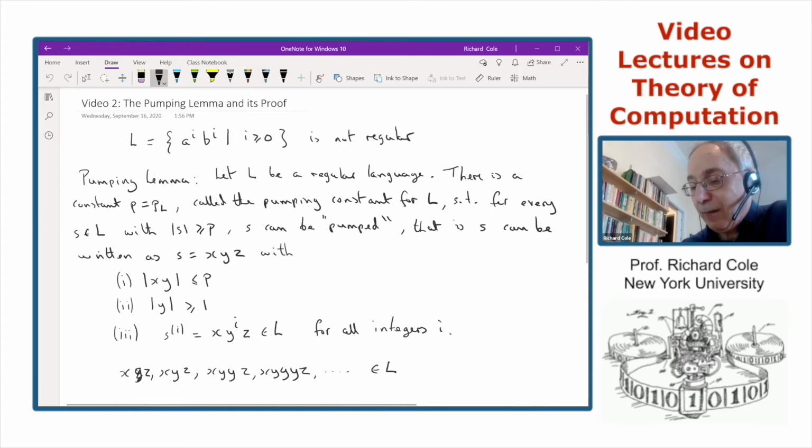Length of XY is at most P, length of Y is at least 1, and all the strings X followed by i repetitions of Y followed by Z are in the language L for any integer i. i is 0, i is 100, i is 1,000,000, it doesn't matter, they're all in the language. And that's the proof of the pumping lemma.